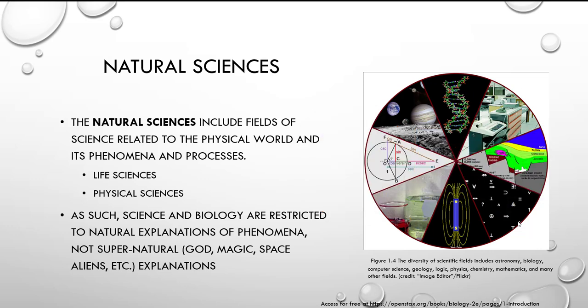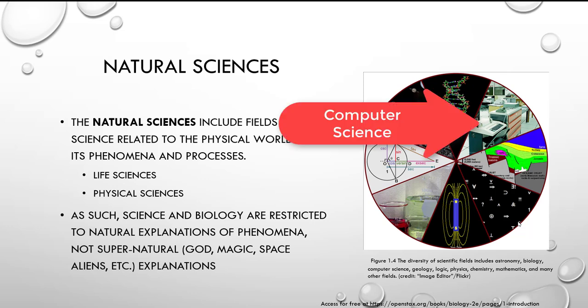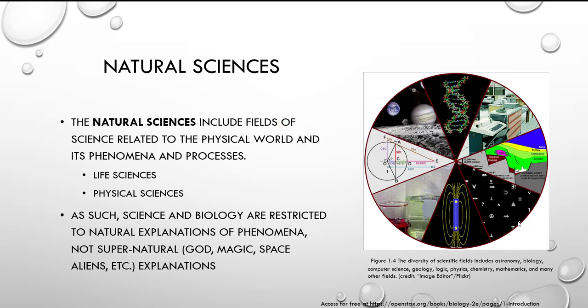Some fields are not considered natural sciences. For example, computer science is not a natural science because, well, we built a computer. So that's not considered a natural science. So natural sciences, since we're dealing with biology, that's considered a life science that falls in that realm.